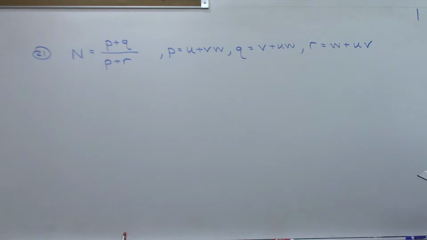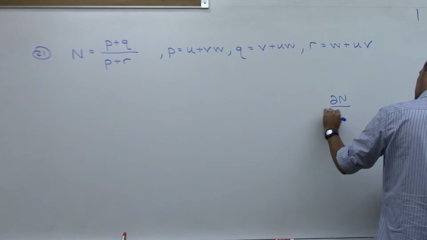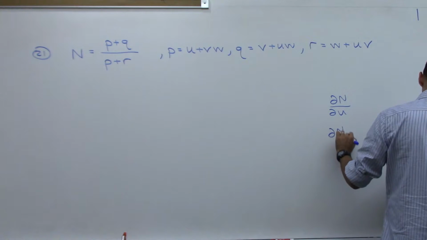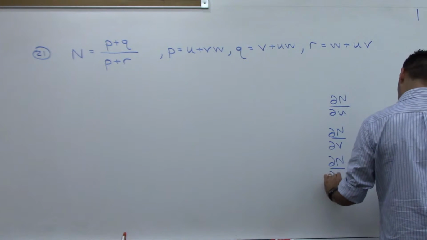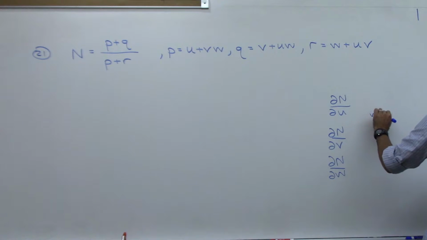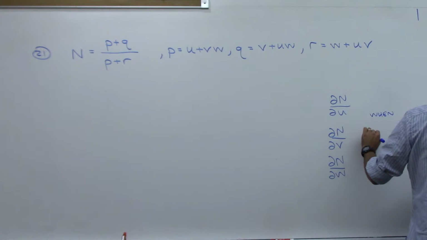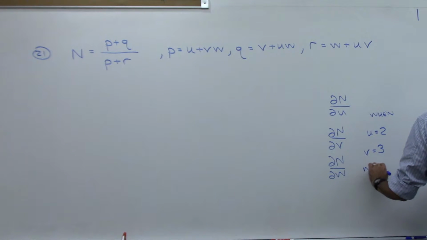Oh my goodness. They want you to find three things: partial N with respect to U, partial N with respect to V, partial N with respect to W. And they want these when u equals 2, v equals 3, w equals 4.